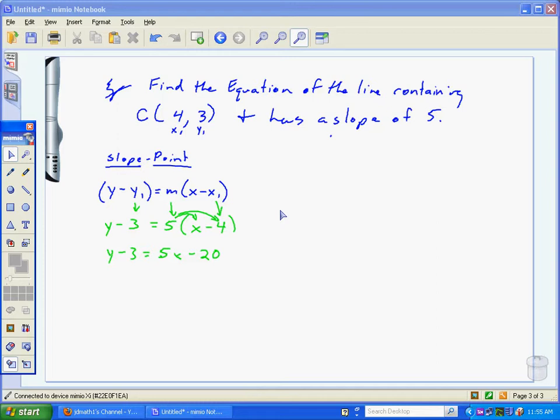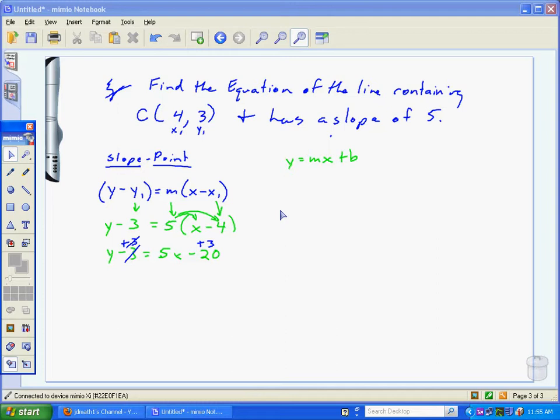Now, that's not in slope-intercept form yet. Remember slope-intercept form: y equals mx plus b. All I have to do is isolate y. So to isolate y, I'm going to add 3 to both sides, which cancels the 3 there.